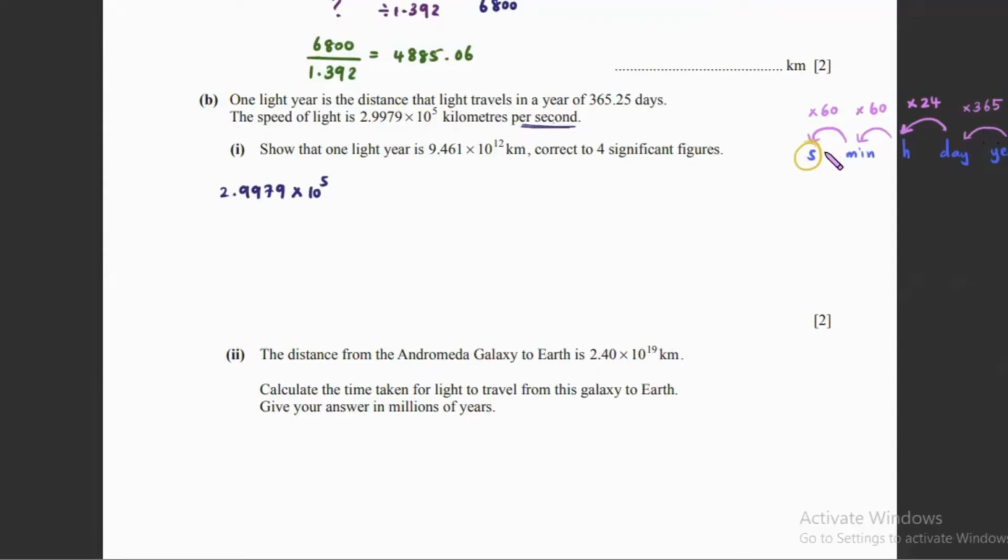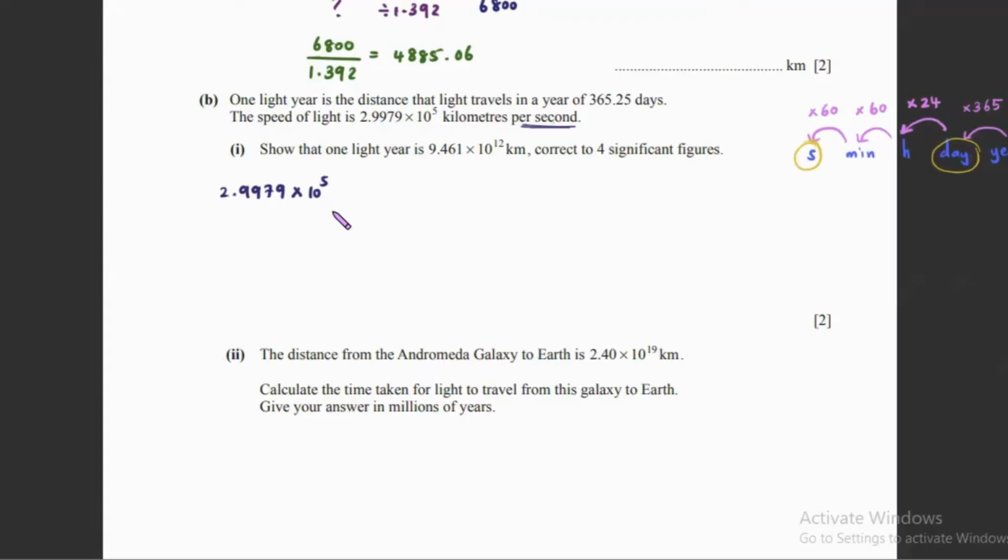That means first we're going to convert the seconds into minutes, then into hours, then we will convert it into days. Then once we know the number of days, we can easily convert it into 365.25 days.